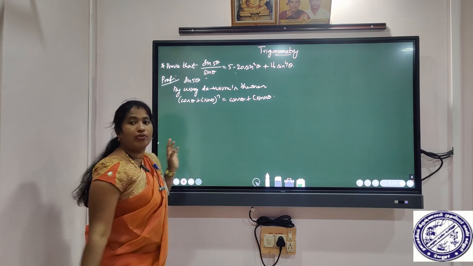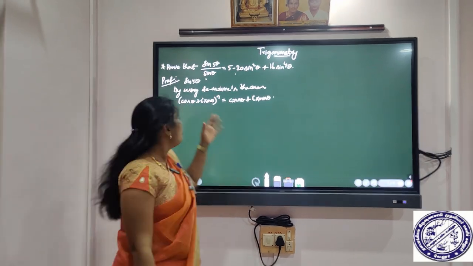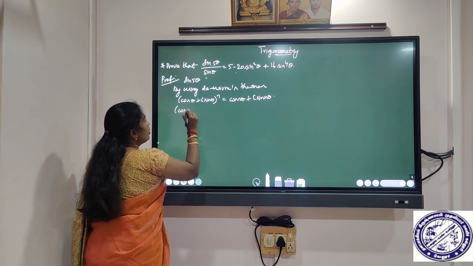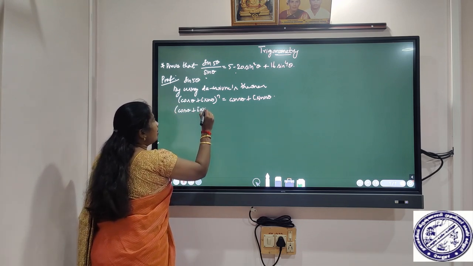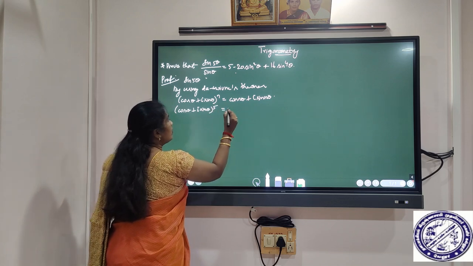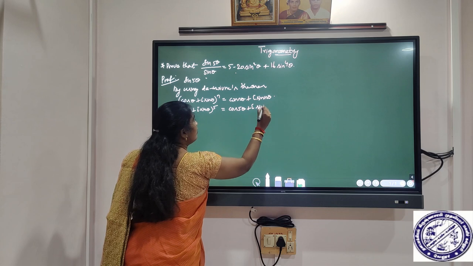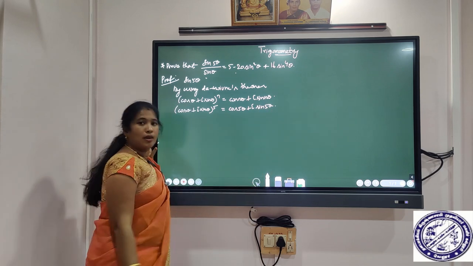Now I am going to write 5 instead of n. Why? Because 5 is given in the question. So (cos theta plus i sin theta) the whole power 5 is equal to cos 5 theta plus i sin 5 theta. The first step is over.